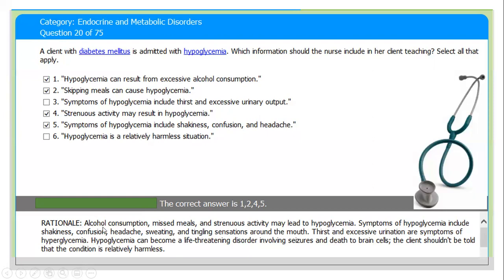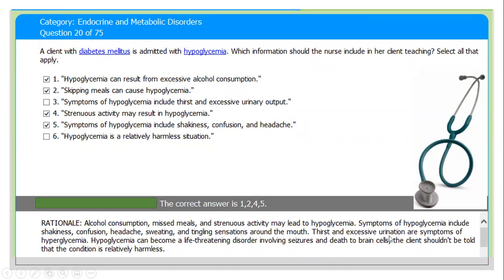The rationale says alcohol consumption, a missed meal, or vigorous activities may lead to hypoglycemia. Symptoms of hypoglycemia include shakiness, confusion, headache, sweating, and a tingling sensation around the mouth.